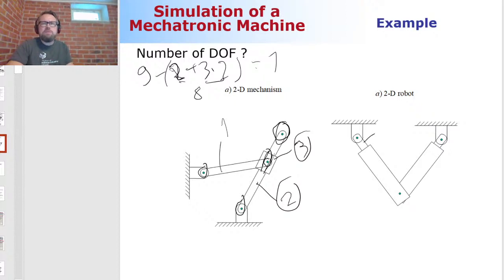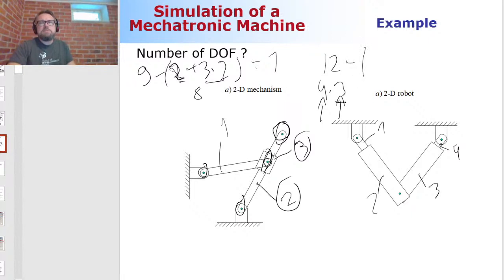I have here piston rod, number 1, cylinder, number 2, cylinder, number 3, piston rod, number 4. So I need to have 12 tensorized coordinates. How do I know that it's 12? Because it's 4 multiplied by 3. 3 is given to you. 4 is the number of bodies.